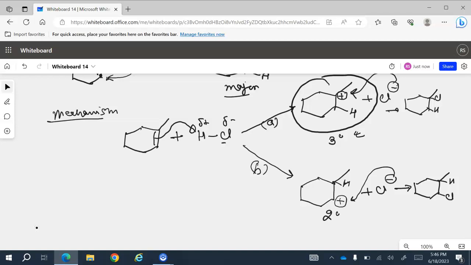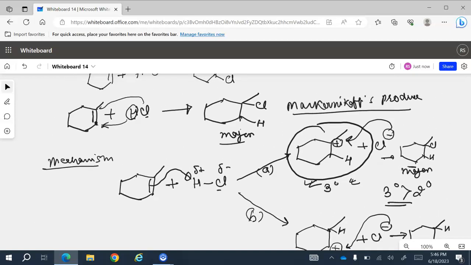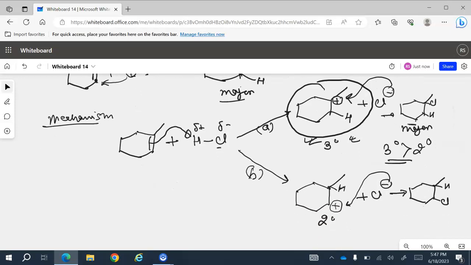Here, see, tertiary is far better than secondary. So that is why the path that follows the formation of the tertiary carbocation will result in the formation of this major product. So Markovnikov rule, in fact, is the consequence of the better carbocation. So we can explain the Markovnikov rule in other ways.